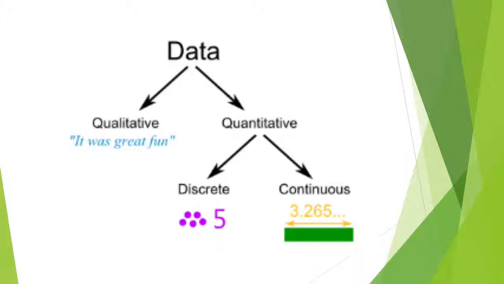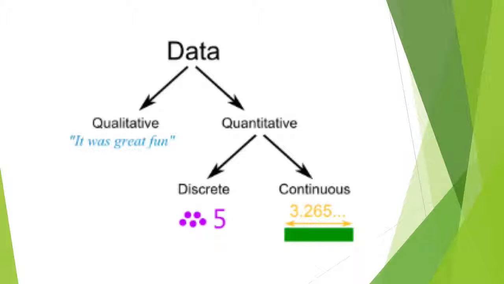So things like, it was great fun going to the beach yesterday, or statements. Quotations are a form of qualitative data as well. If you listen back to this recording that I'm playing today for you, that could be categorised as qualitative data as well. However, the average time that the recording runs for is quantitative.